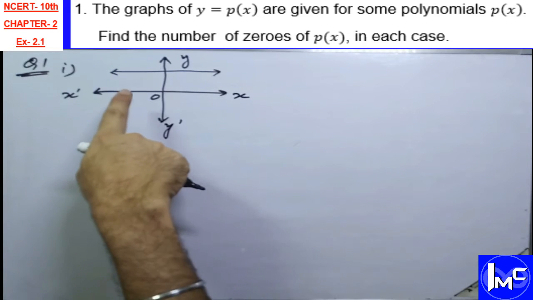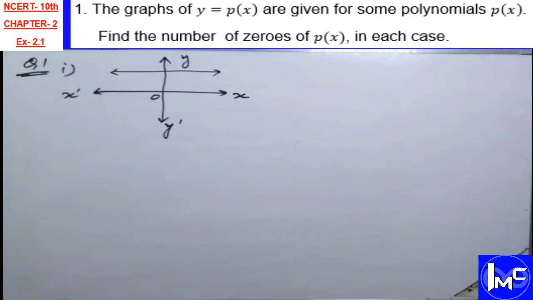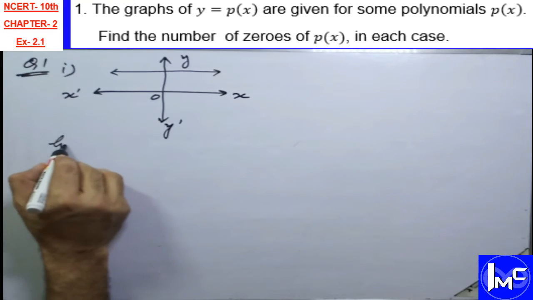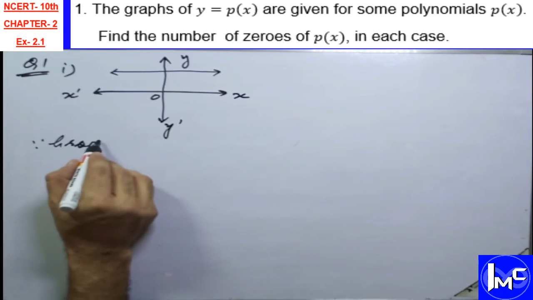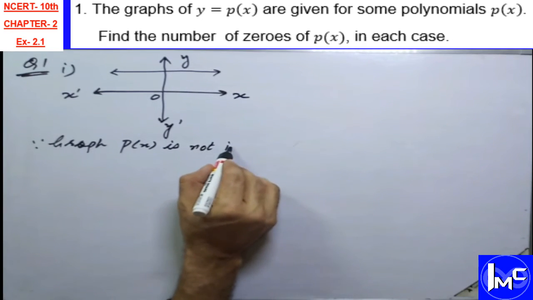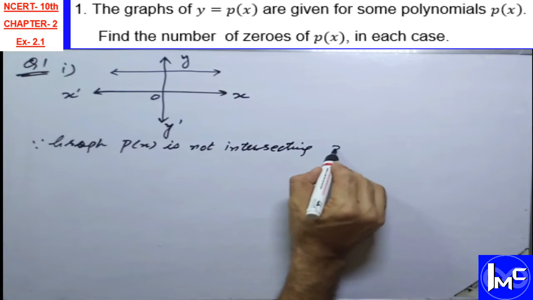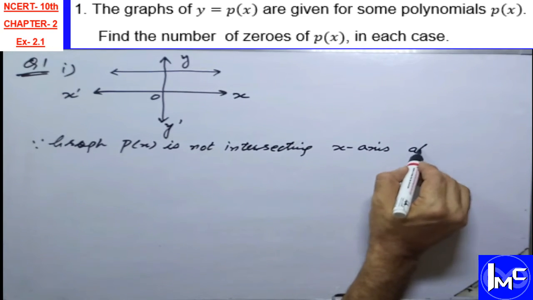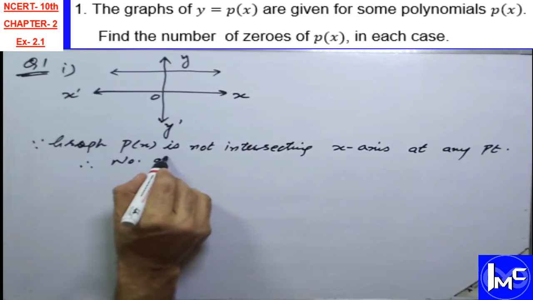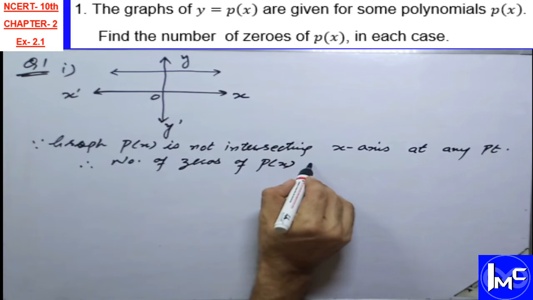And we see this graph is not intersecting the x-axis at a single point, so the number of zeros of this graph will be 0, because the graph of p(x) is not intersecting the x-axis at any point, so the number of zeros of p(x) is 0.